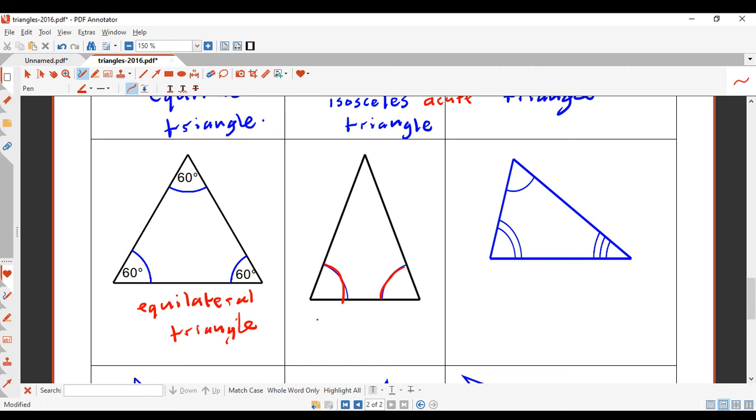So this is also going to be called isosceles, and then an acute angle triangle. And this one here, well, all angles are different, aren't they? You can see single arc, double arc, triple arc, so all angles are different. So that's a scalene triangle. But also all 3 angles are acute, so it's a scalene acute triangle.